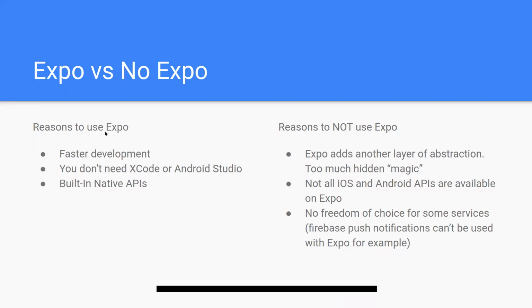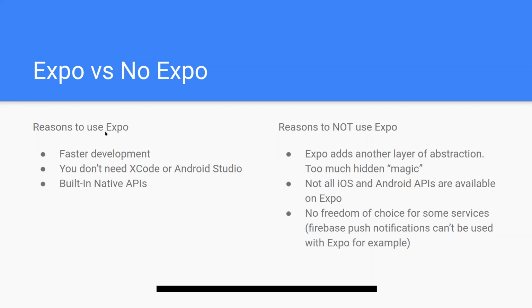Another good reason to use Expo is that you actually won't need Xcode if you're running on Mac, and you won't need Android Studio if you're working in the Android environment, like we just explained. And you get built-in native APIs to access the camera, the GPS, everything that you might need from the phone's hardware in your code.